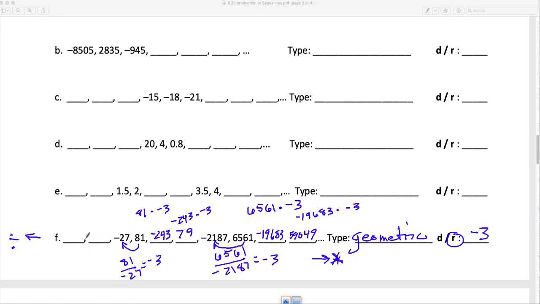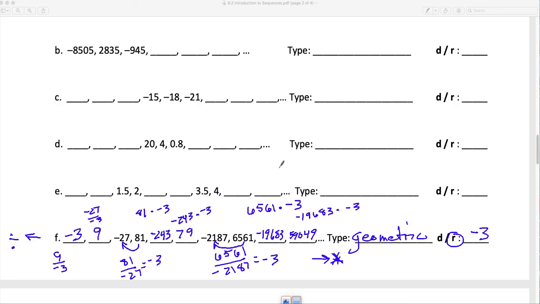Now we've got to go backwards. We don't have any choice, so we're going to divide. Negative 27 divided by negative 3 is going to give me a positive 9. And this one is 9 divided by negative 3. It's going to give me a negative 3. And that would be very much like a geometric sequence. It went from negative 3 to 59,049 in 1, 2, 3, 4, 5, 6, 7, 8, 9, 10 steps.